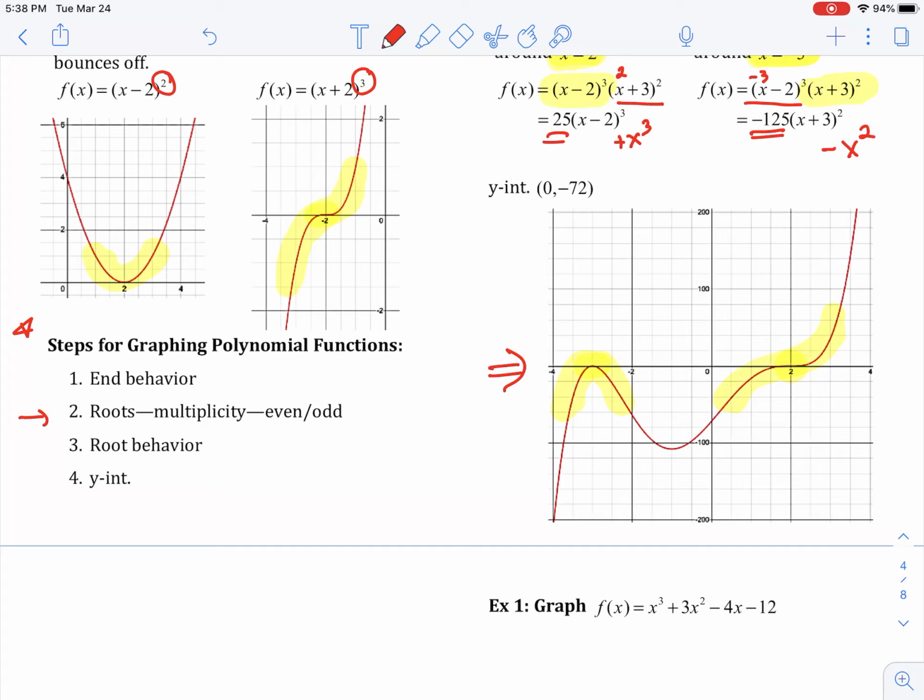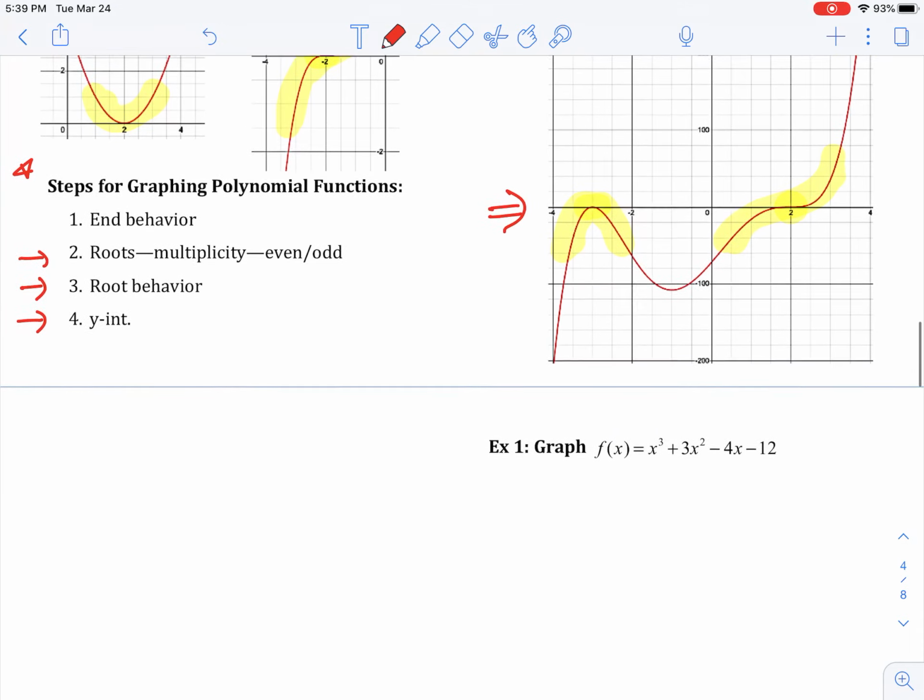And what is the multiplicity? What are the powers that are attached to each of those roots? Are they even powers, so that around that root it's going to look like an x squared? Or are they odd powers, so around that root it's going to look like an x cubed? And figuring out that root behavior, like I just said, the positive x squareds or the negative x cubes. And then lastly, if you have a y-intercept, quickly find that y-intercept. And if you put all of that information together, you should be able to very quickly sketch your graph.